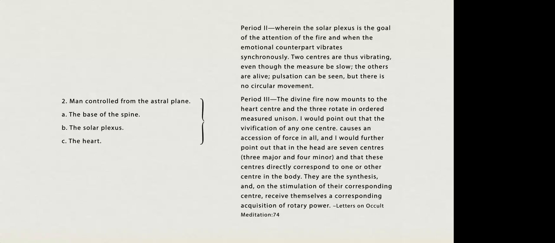I would point out that the vivification of any one center causes an accession of force in all. And I would further point out that in the head are 7 centers, 3 major and 4 minor, and that these centers directly correspond to one or other center in the body. They are the synthesis, and on the stimulation of their corresponding center, receive themselves a corresponding acquisition of rotary power. Thank you.